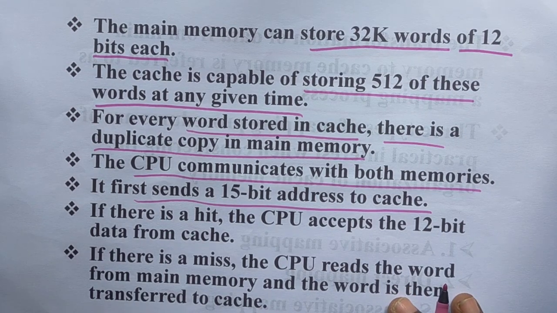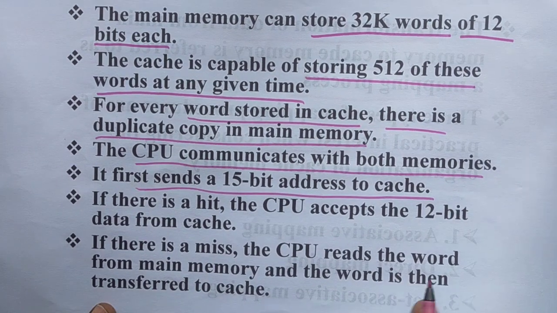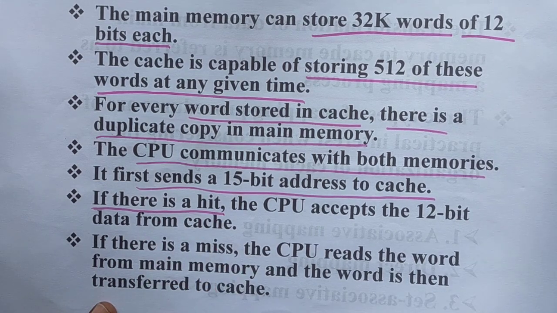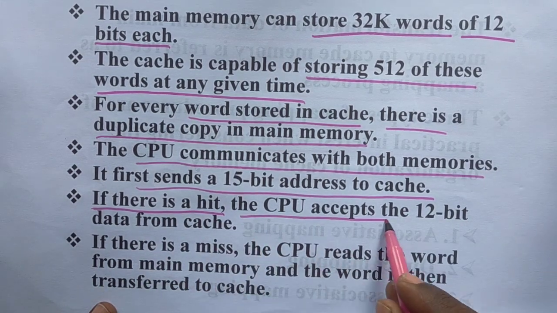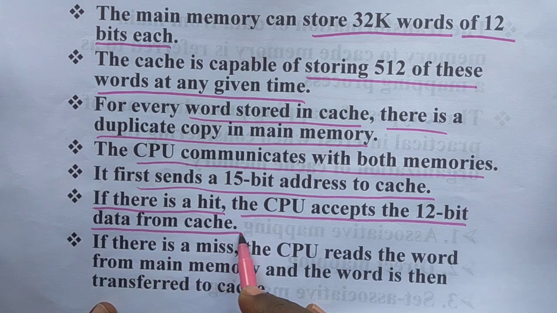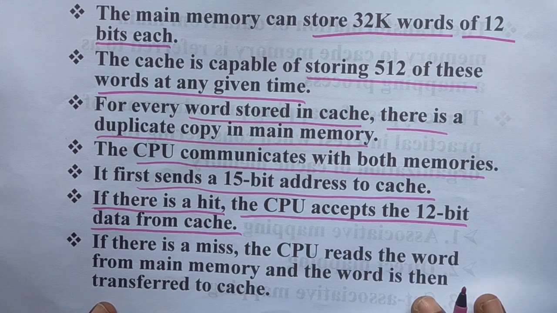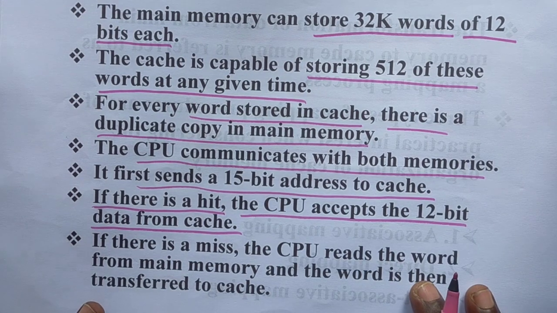And if there is a hit, that means if the data is available in cache, then the CPU accesses 12-bit data from cache. It sends a 15-bit address to cache, but it accesses 12 bits from cache because 12-bit data is there in cache.